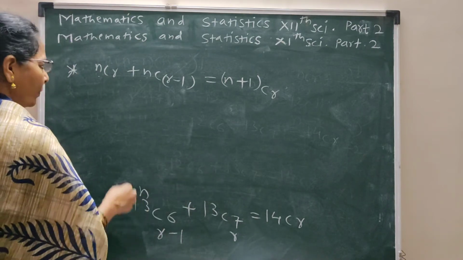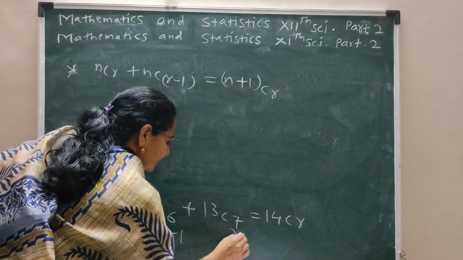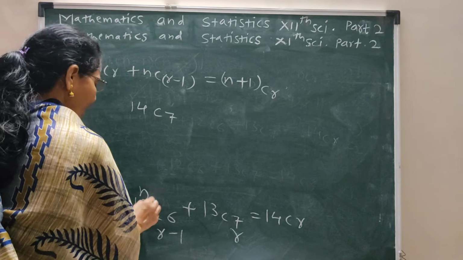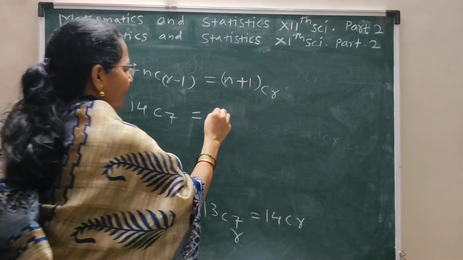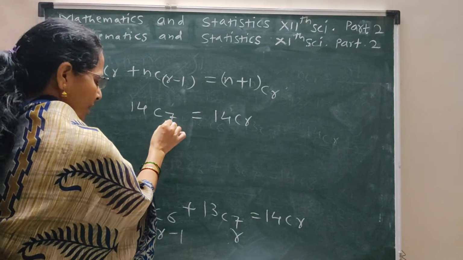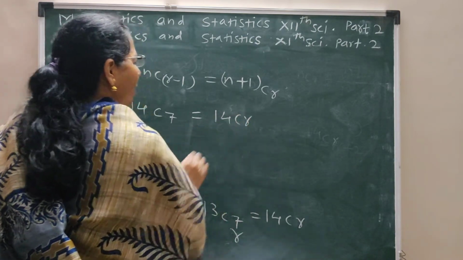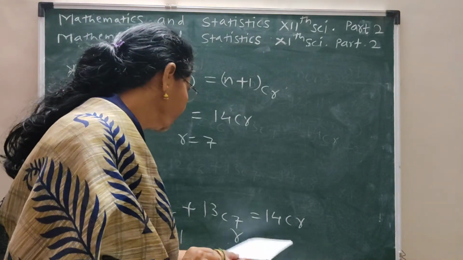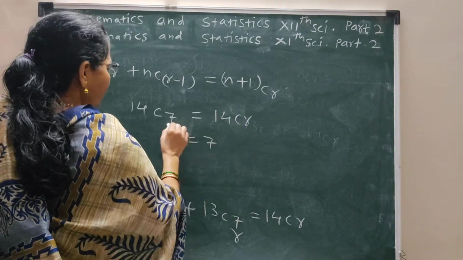So formula is n plus 1, 13 plus 1 is 14, C, r is 7, is equal to 14Cr. 14C7 is equal to 14Cr. We directly write r equal to 7. 14 is here, so take r is equal to 7.